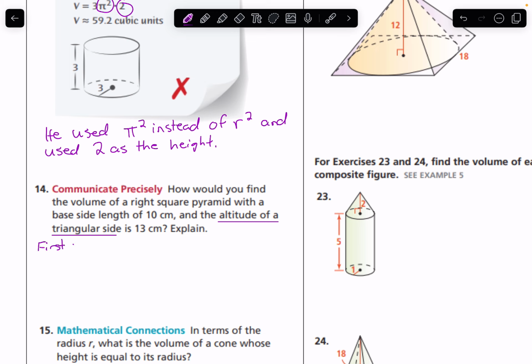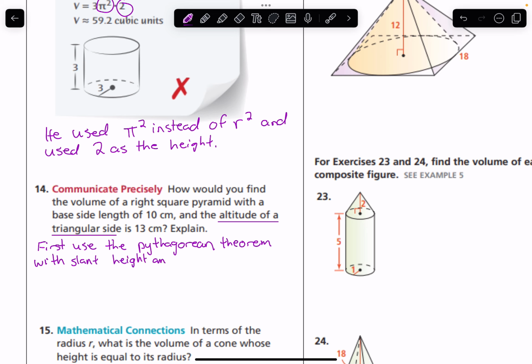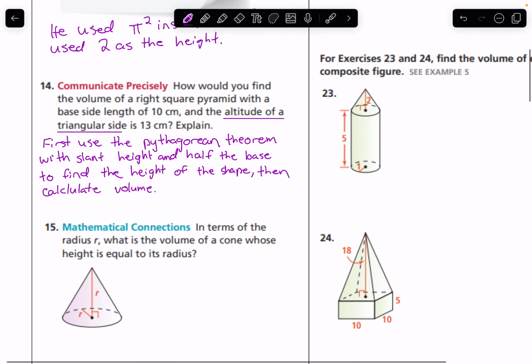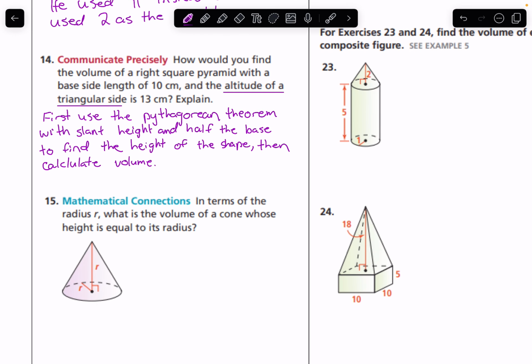So first, use the Pythagorean theorem with the slant height and half the base to find the height of the shape. Then calculate volume.